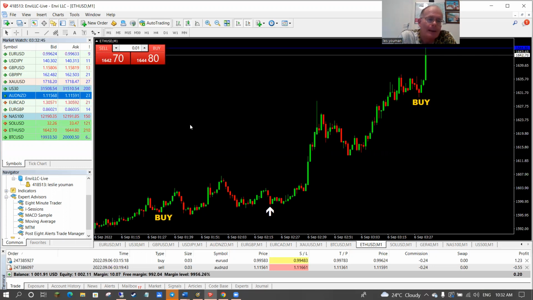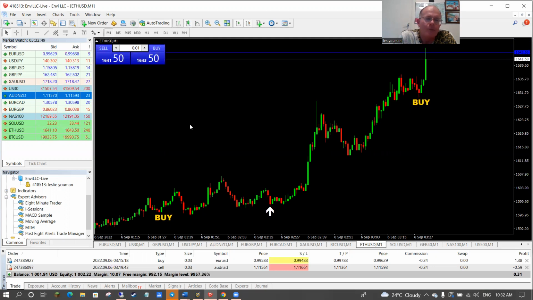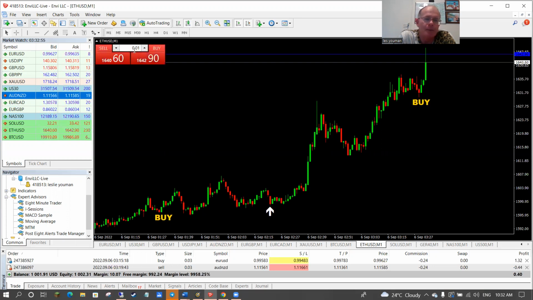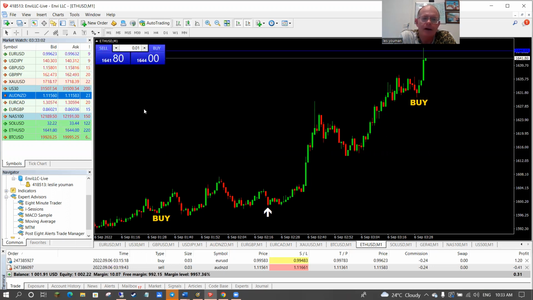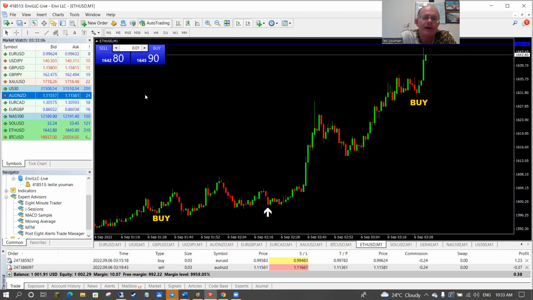But I think nearly all brokers, as far as I know, on the major and minor Forex pairs will allow a minimum lot size of 0.01, which is the smallest. On indices and crypto, quite often the broker will have a larger, sometimes much larger, minimum lot size.